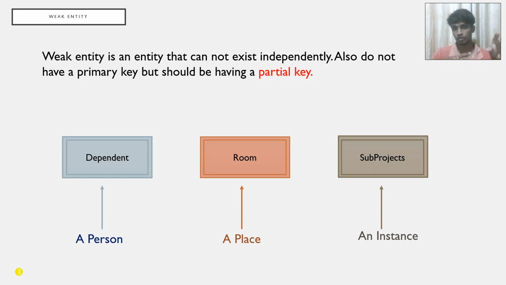If there are no projects, then there will be no subprojects. But there could be projects which have no subprojects. So what depends is subprojects. A subproject depends on the projects. Projects is initially a strong entity type, and subprojects depend on the projects. Therefore, subprojects is the weak entity.